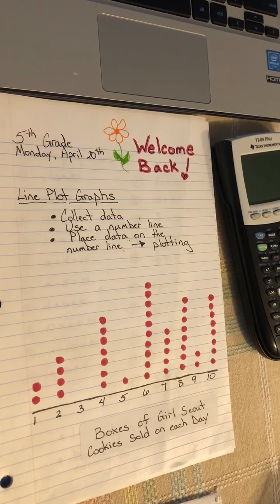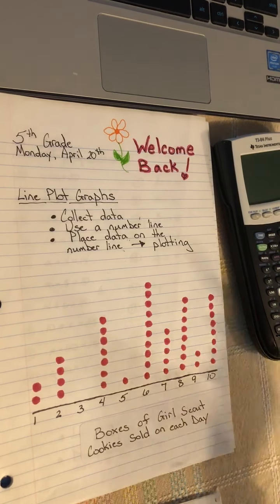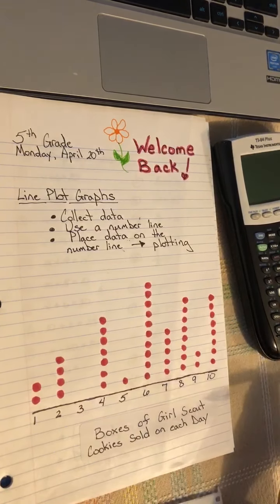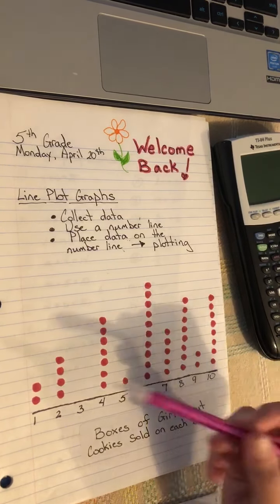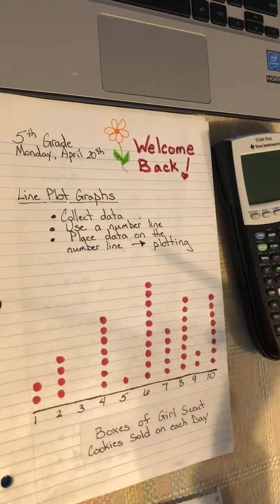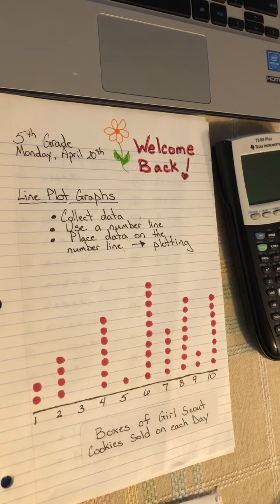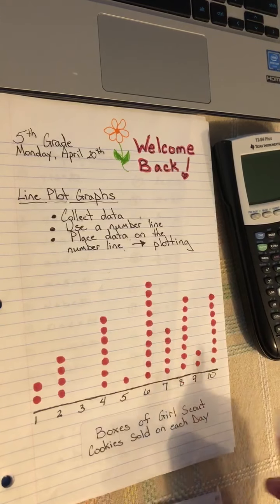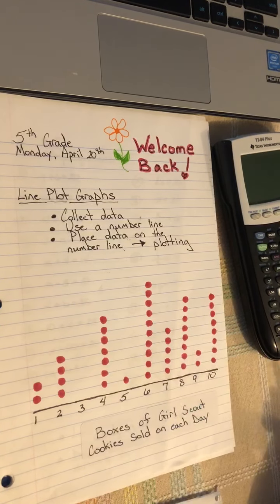How many boxes were sold on day 2? So easy question, you just come to here and you would say there's 4 boxes sold on day 2 because we've got 4 circles. Another question, did they sell more on day 7 or day 9? Okay, so if we look at day 7, it has 5. Day 9 has 2.